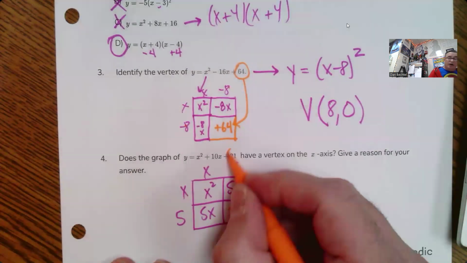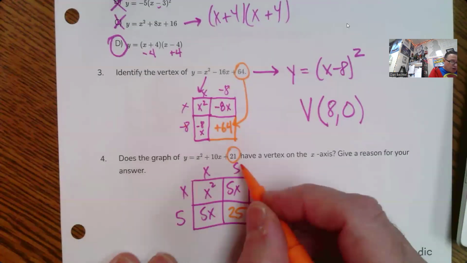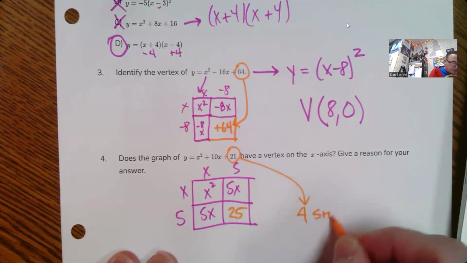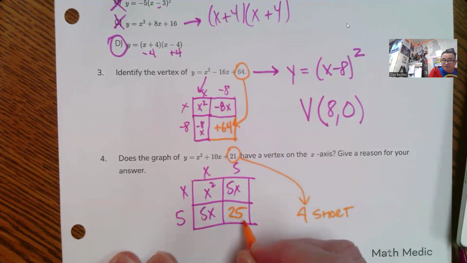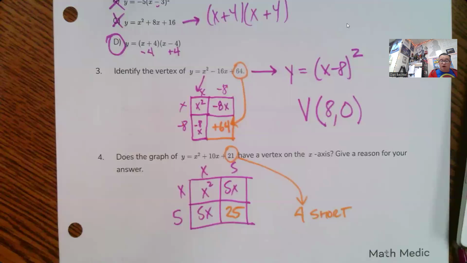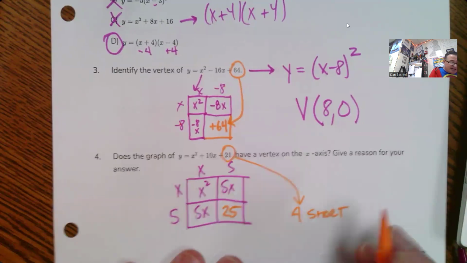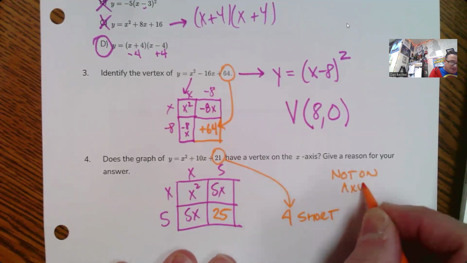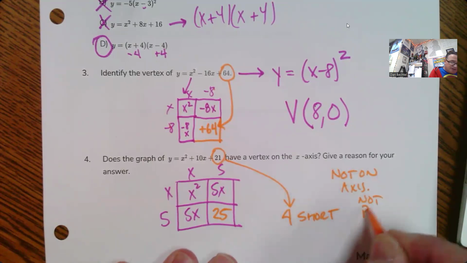When I look there, I have a 21. So what this means is that I am 4 short of what I need. So if I'm 4 short of what I need, because I needed 25 and I've only got 21, I can say not on axis, not perfect square.